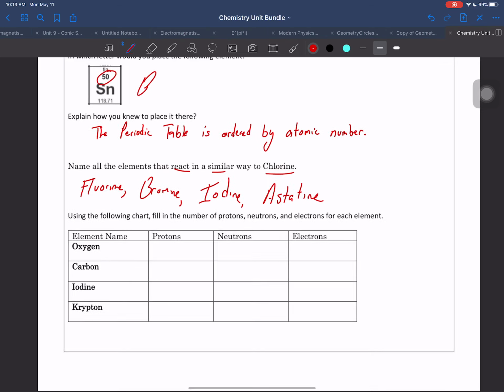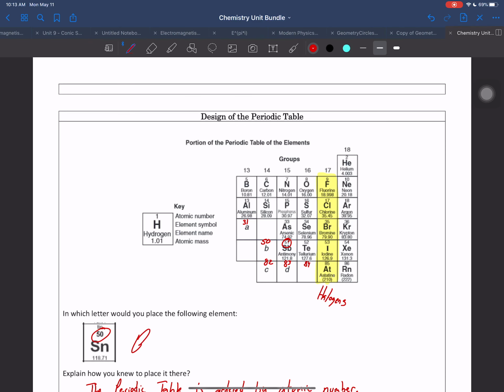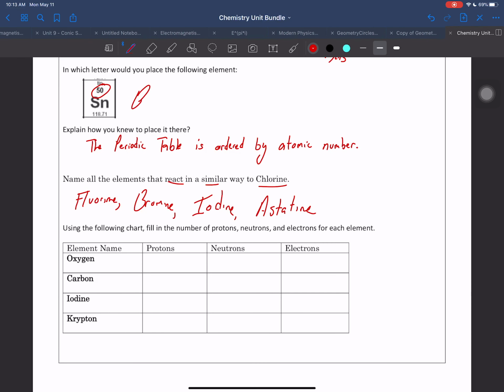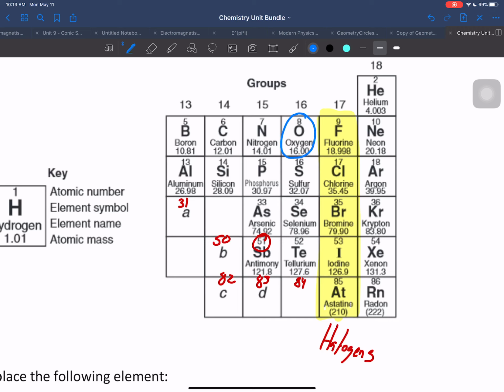All right. Use the following chart to fill in the number of protons, neutrons, and electrons of each element. So all these specific 4 elements can be found in this section of the periodic table right here. And this is actually what we did last video, so just over a week ago now. You just look at the atomic mass and the atomic number. So for oxygen, I'm looking at the 2 numbers here.